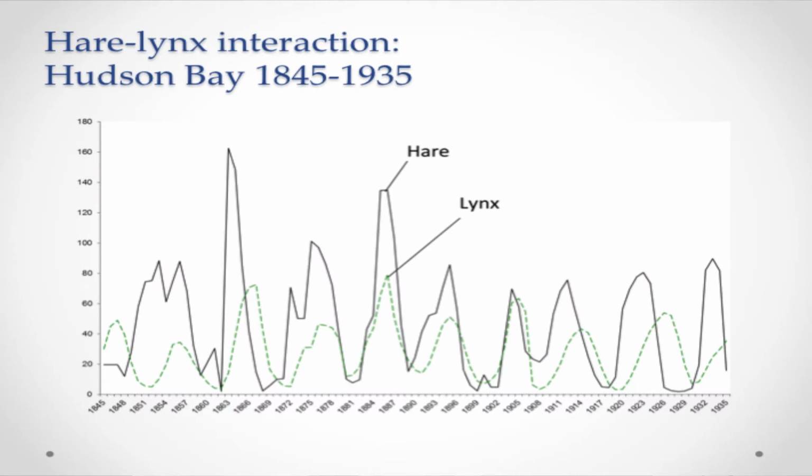The period here is about 10 years. There's something like 9 or 10 peaks in this 90-year period. So the period is about 10 years. And something similar was observed for the fish populations in the Mediterranean.